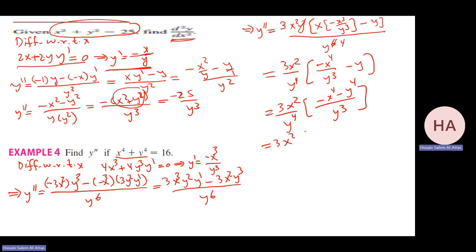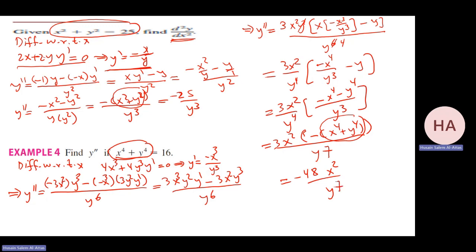Notice this is what? Minus x to the power 4 plus y to the power 4 over y cubed, over y to the power 7. This one is the same as the previous one. So it's 16, and it will be minus 48 x squared over y to the power 7. I wish it's clear.